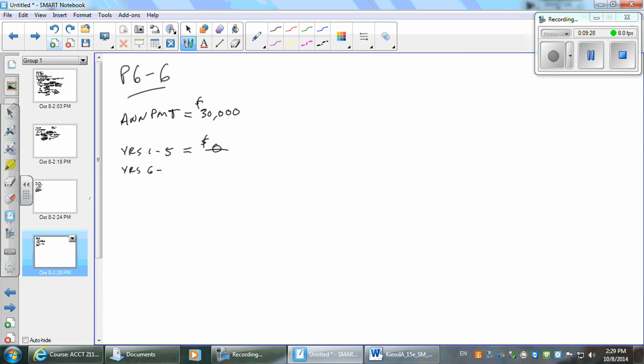The next 5 years, years 6 through 10, she's going to have $60,000 of revenue. This is $60,000 positive cash flow, right? That's revenue. This is rent, so that's out. You don't put brackets around it. Okay, that's their annuity payment.